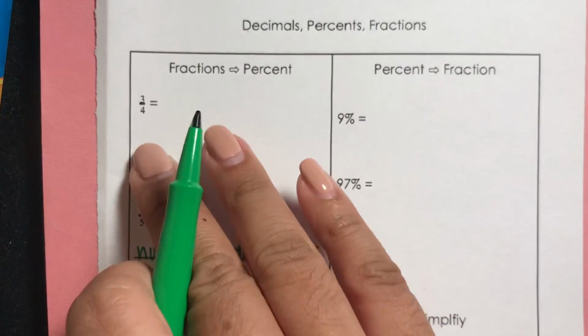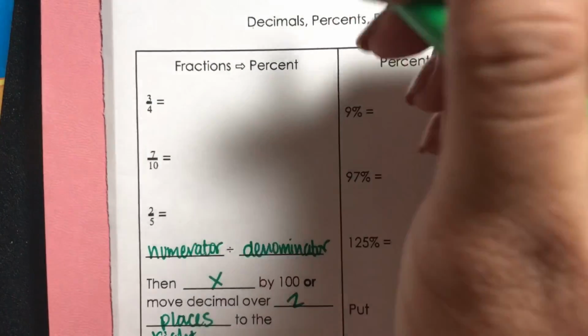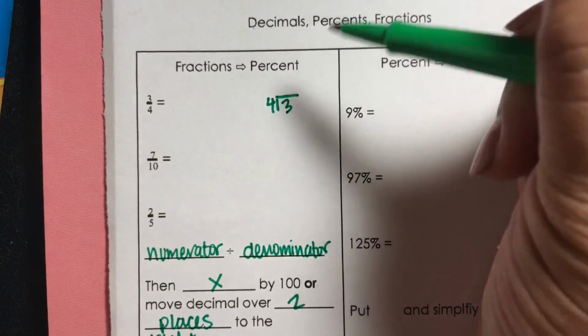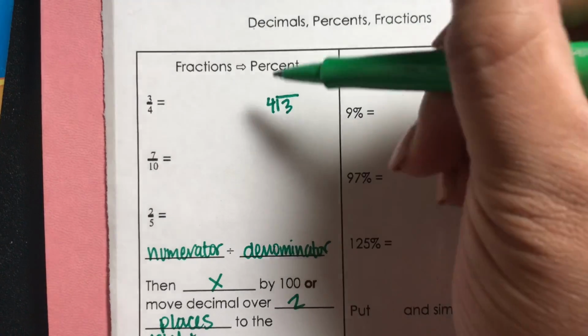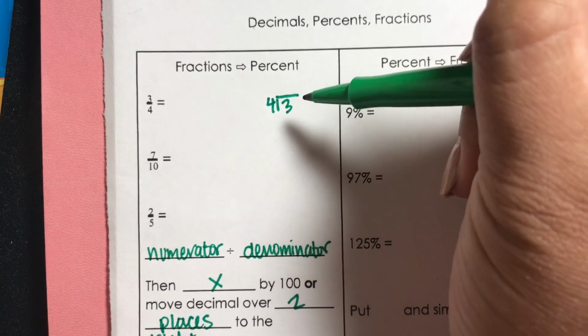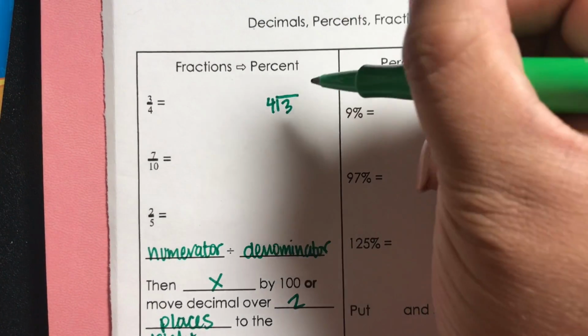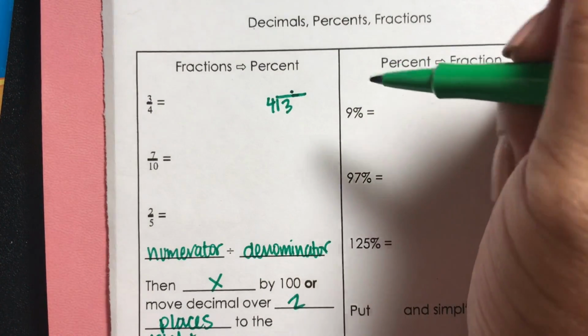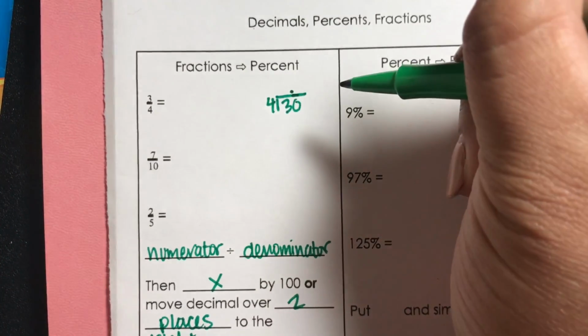Now to turn that into a percent, all we have to do is divide the numerator by the denominator. So 4 divided by 3. Now obviously 4 can't go into 3 because 4 is a bigger number. So we know this is going to be a decimal. So we need to put our decimal in the quotient area. Then we add a 0.